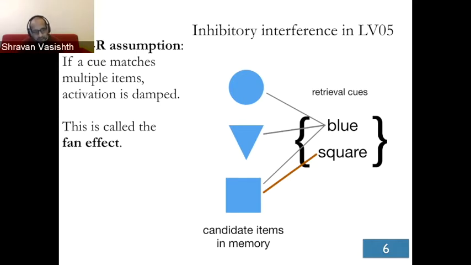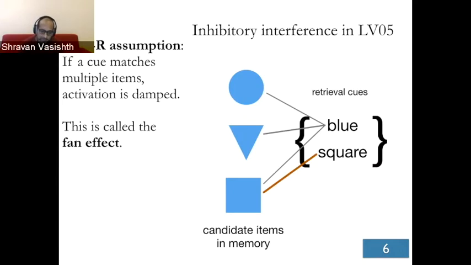One of the interesting assumptions inside ACT-R is this idea of a fan effect. The idea is the following. If I ask you to identify the blue square on the screen that you're seeing right now, you're going to use something that the ACT-R framework calls retrieval cues to look for something that is blue and is a square.